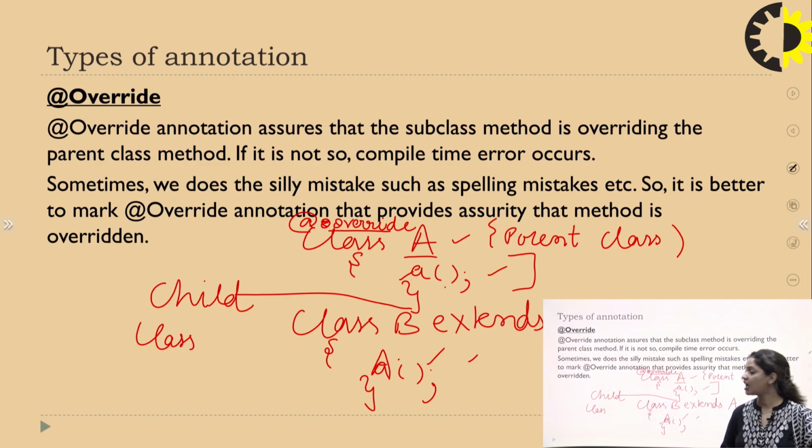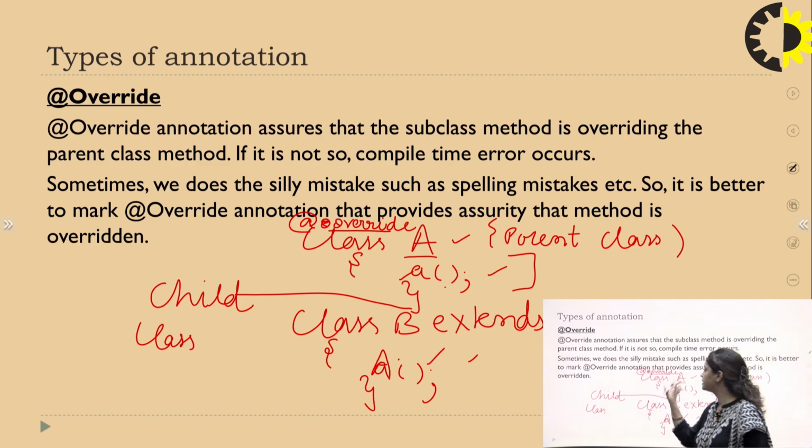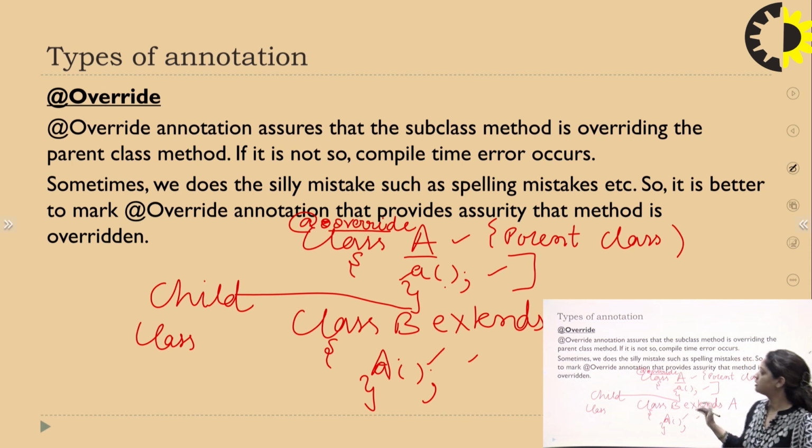In that case, if I have given the @override annotation above the method, it will give an instruction while the developer is writing code in the coding environment, for overriding a method. So a warning will pop up, an instruction will pop up, that the method name must be the same as that of your parent class method.